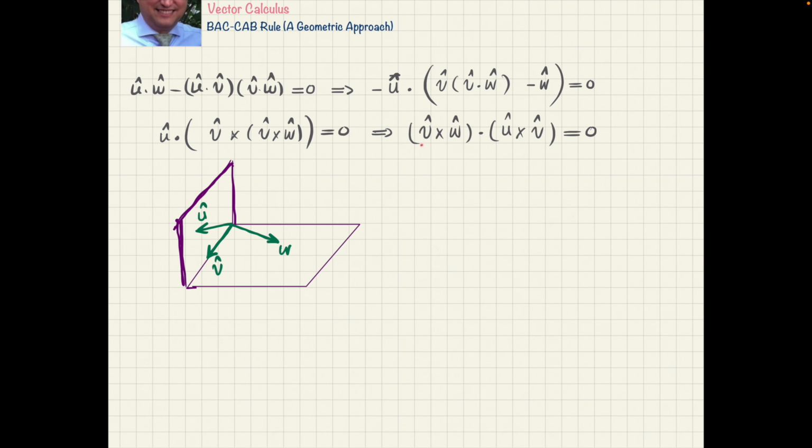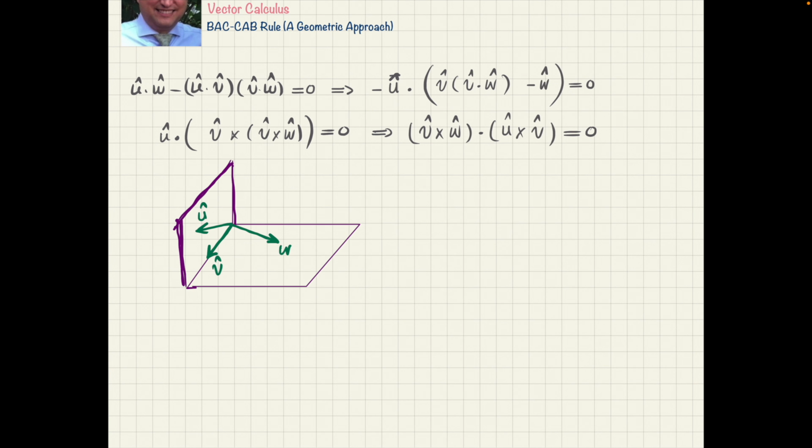So here v cross w is a vector which is perpendicular to the plane containing these two vectors. And as you see, it is right, because if I cross product them, it becomes perpendicular to this plane that you see here. And then u cross v is a vector which is perpendicular to both u and v.